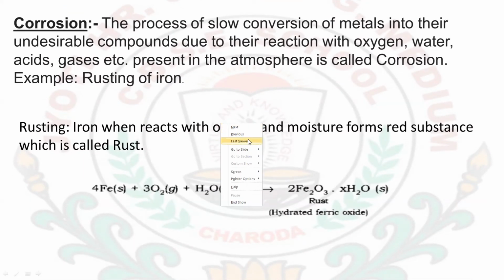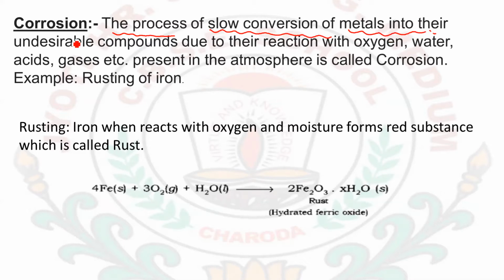Next, let's define corrosion. What is corrosion? Corrosion is the process of slow conversion of metals into their undesirable compounds, which are generally oxides, due to their reaction with oxygen, water, acids or gases, and many other substances present in the atmosphere which can corrode a metal.